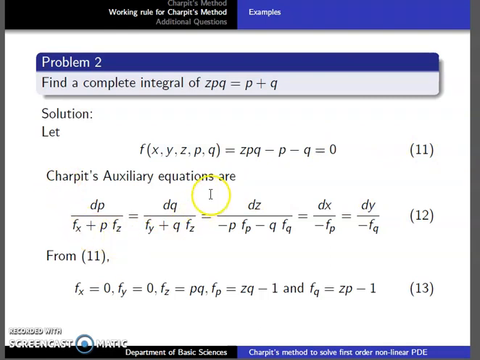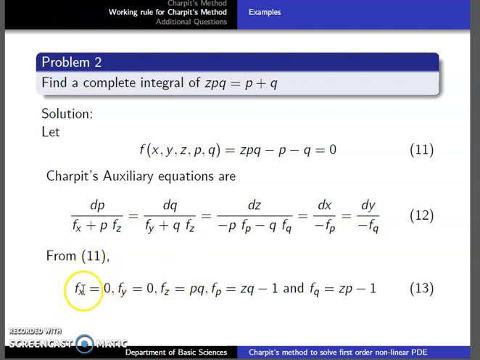Then the auxiliary equations are dp by fx plus p fz equal to dq by fy plus q fz equal to dz by minus p fp minus q fq equal to dx by minus fp equal to dy by minus fq.